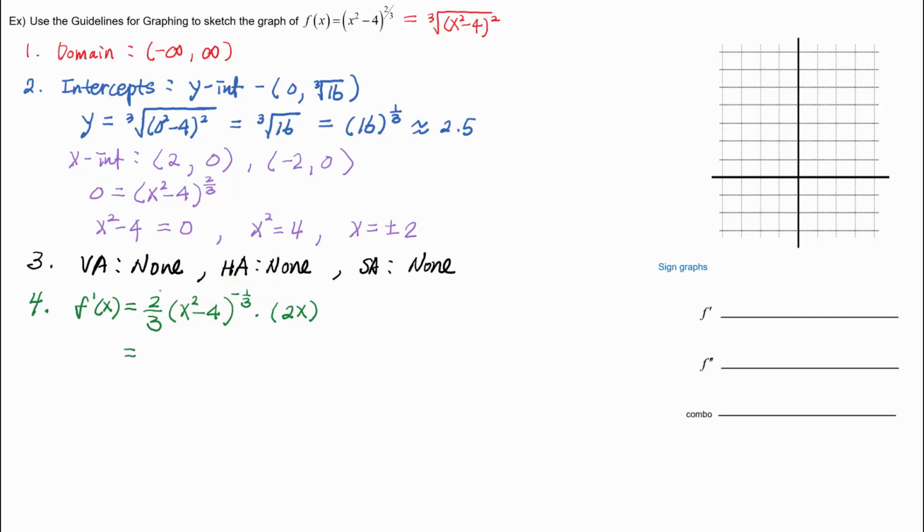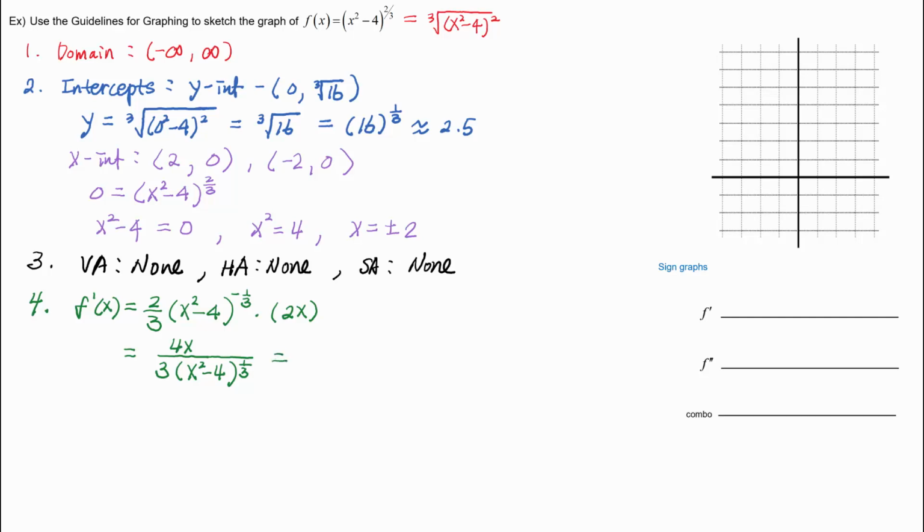Now multiply numerators, which is 2 times 2x, so that is 4x. 3 is in the denominator, and my negative exponent I can bring down to the denominator, and it turns into a positive exponent. So this is my derivative.